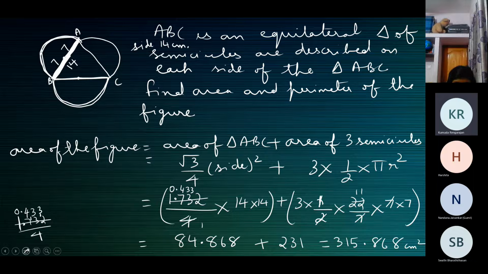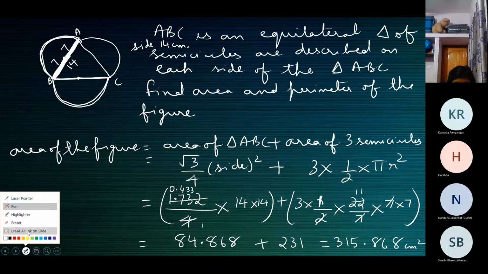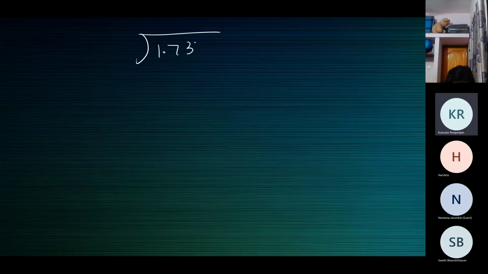Okay, I have to clear the slide. Now, I'll tell you what is 1.732 divided by 4. See here. 4 zeros are 0. 1 is the remainder. And the 7 has to come down, but that's after the decimal point.